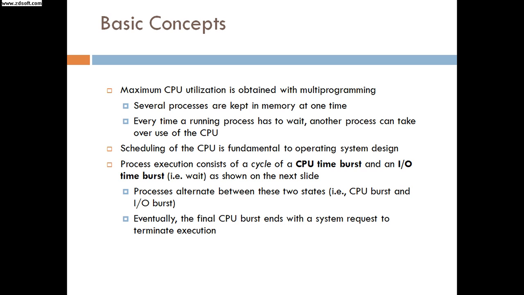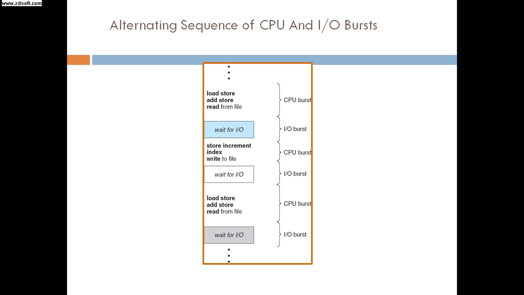In general, process execution consists of a cycle of two bursts, that is the CPU burst and the IO burst. The processes alternate between these two states. Finally, a CPU burst ends with the system request to terminate the execution. So this is an alternating sequence of CPU and IO bursts.